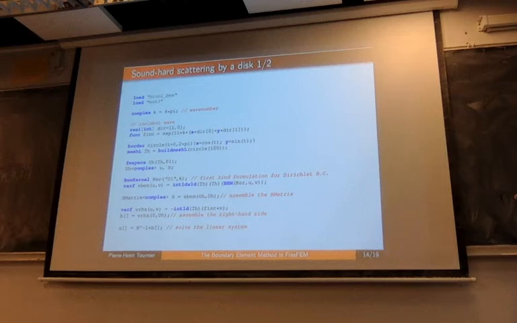So this is an incident wave, direction x. You can use, as Axel showed, the border to build a 1D mesh with the buildmesh command. So let's discretize the circle with 100 points. Then you define your finite element space on this mesh, U and V. We do the first kind formulation for Dirichlet.